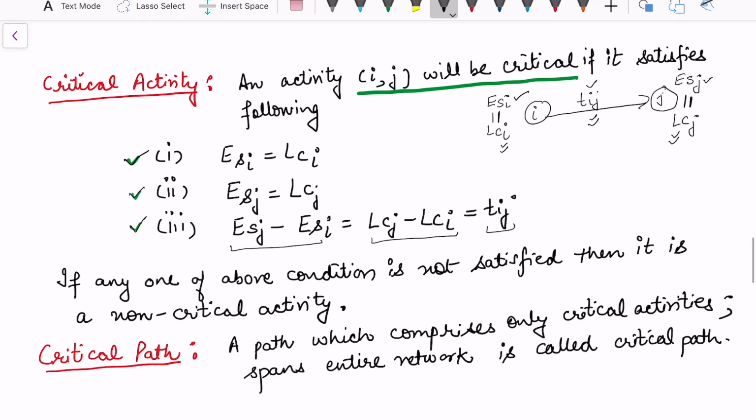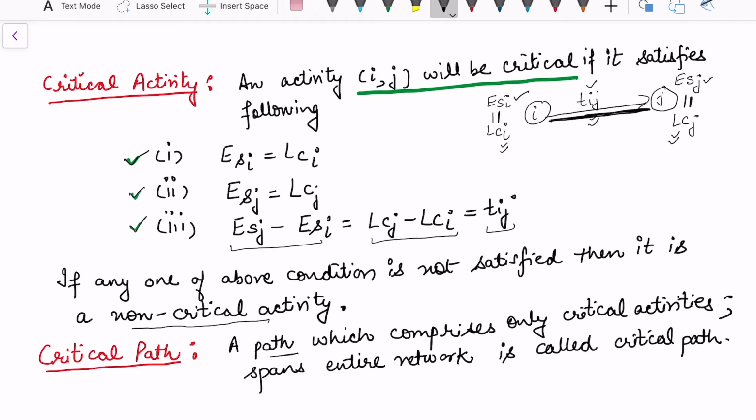Once we join all these critical activities, we will find a path. This path is what we call the critical path. In fact, it spans the whole network, consisting of the activities that take the longest time duration.